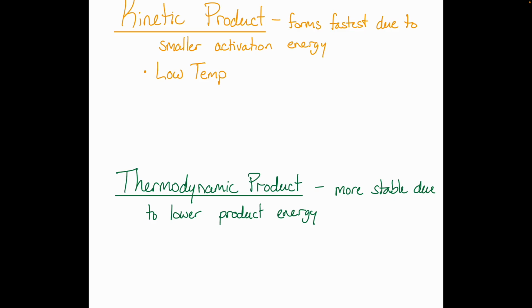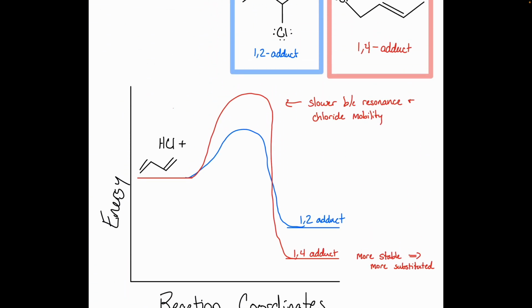All right, let's go back to this graph here and imagine that our reactants, our HCl and our conjugated diene, are that little marble. And it needs to jump from the reactant side to the product side. Well, if it's at low temperatures, that means that this little marble does not have a lot of energy. It is moving very, very slowly on this little curve. The only thing it's going to ever be able to do is jump over the smaller activation energy barrier.